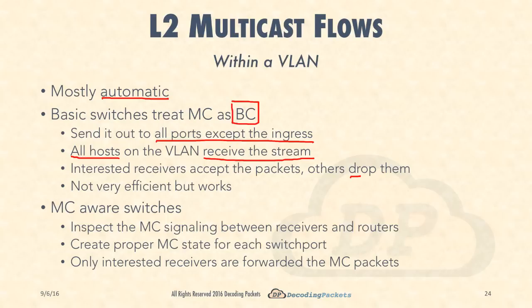Once the switches inspect that signaling, they can create a proper multicast state for every switch port. So for every switch port, they now know which multicast groups the host connected to that port is interested in. Once the multicast traffic starts coming in, the switch can inspect the group, the destination IP, in that traffic, and forward it to only the interested receivers.